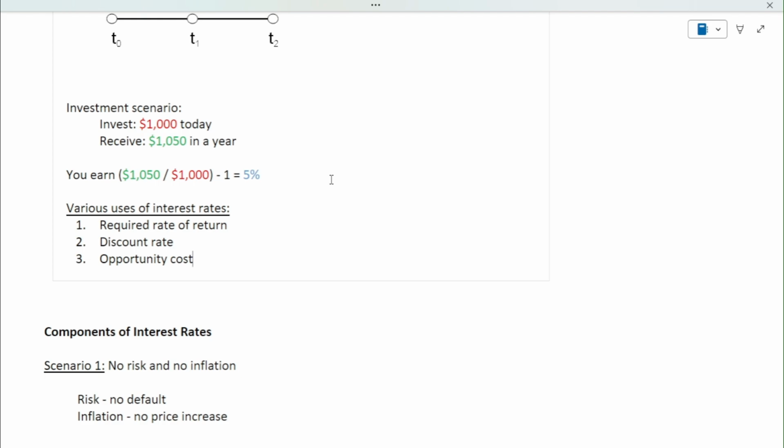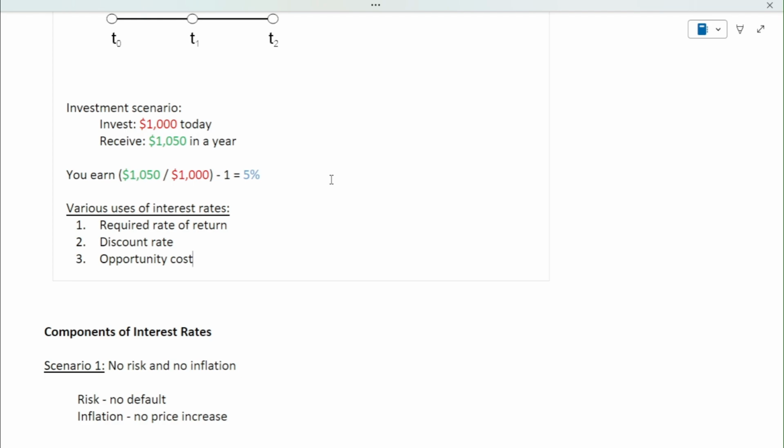Required rate of return, which means you require minimum this amount to invest at a certain asset. Secondly, by going through with this investment, you assume that the $1,050 received in a year is equivalent to $1,000 received today, which means you discounted $1,050 to time 0 to this period at 5%.